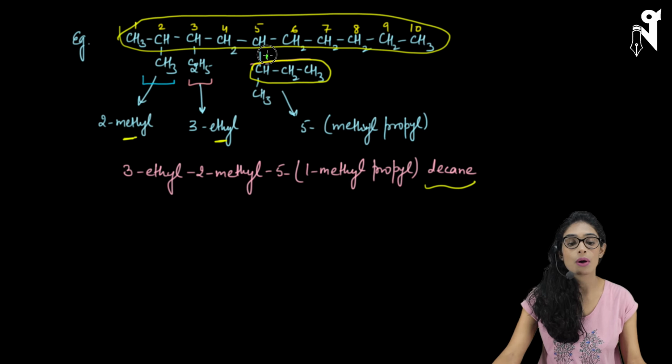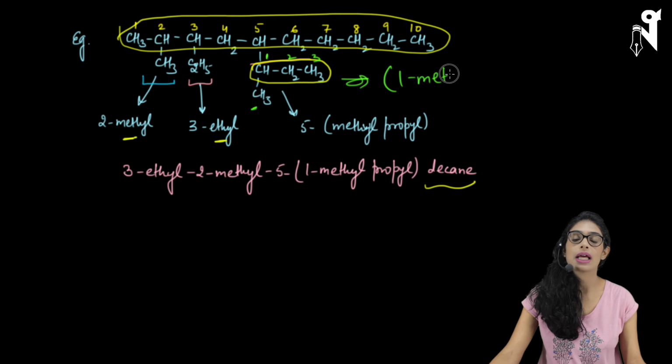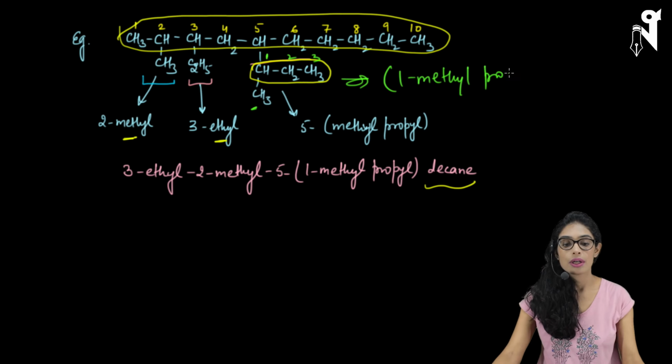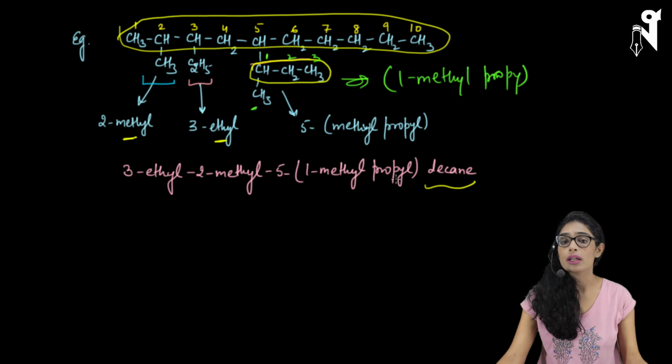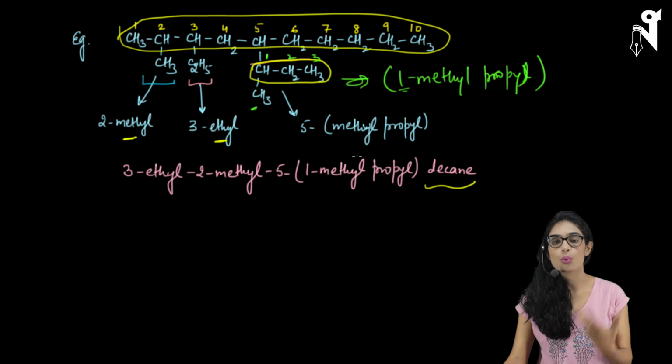So the name of this branch will be 1-methyl propyl. I have shown you just now why this name is 1-methyl propyl. So you can simply ignore writing 1 and write methyl propyl also. Unless it is on some other position, you need not specifically mention position 1.